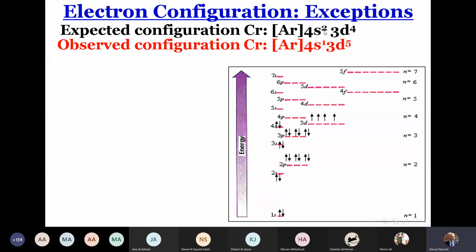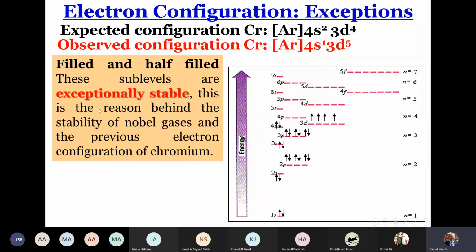So one electron of 4s passes automatically to 3d, and in this case we have 4s1 and 3d5. 3d5 now becomes half filled, so 3d5 is more stable than 3d4. 4s2 or 4s1 have the same stability. So the observed electronic configuration 4s1 3d5 is more stable.